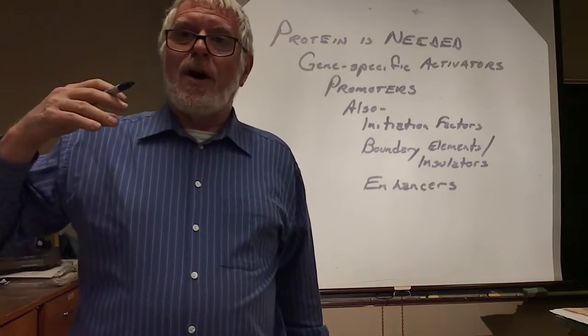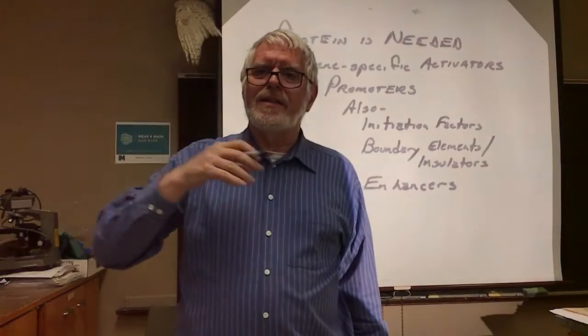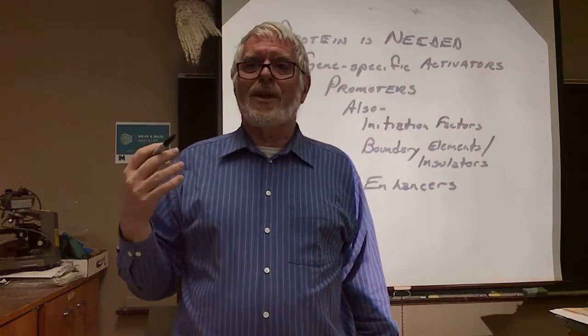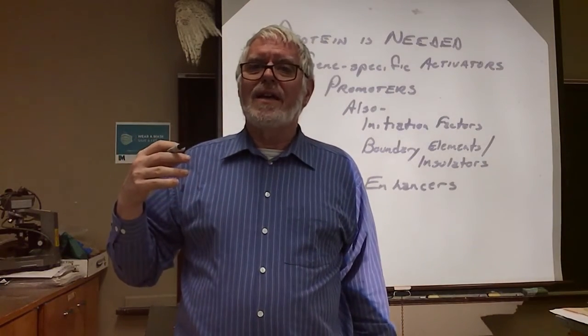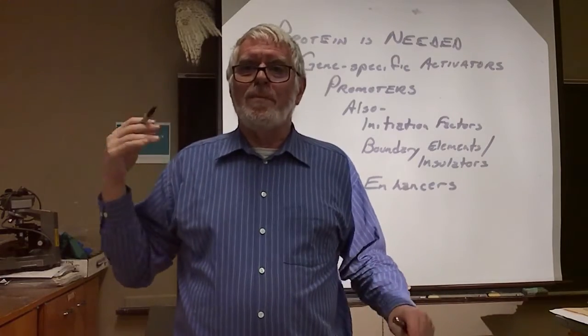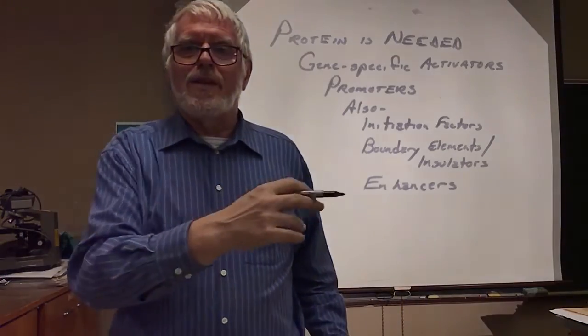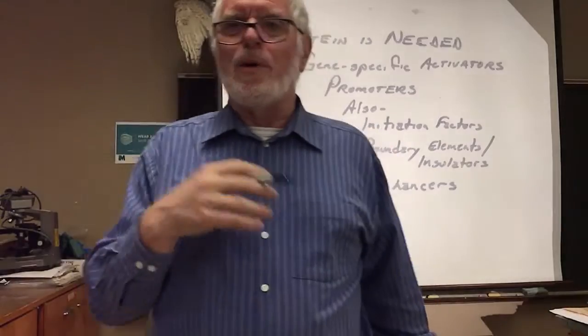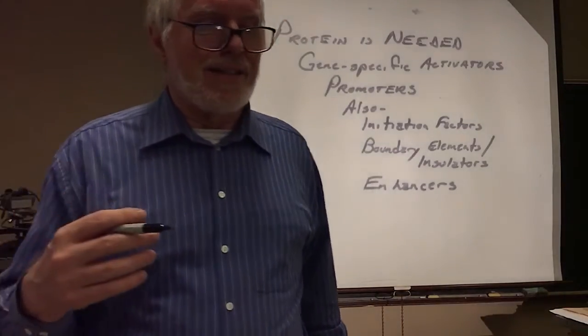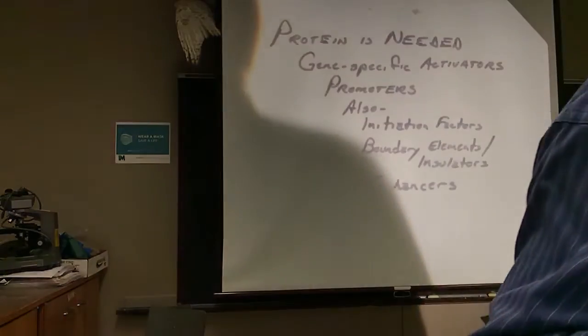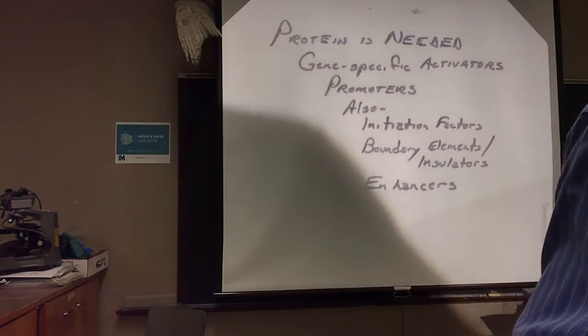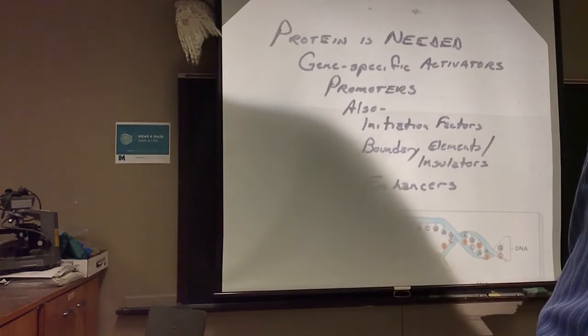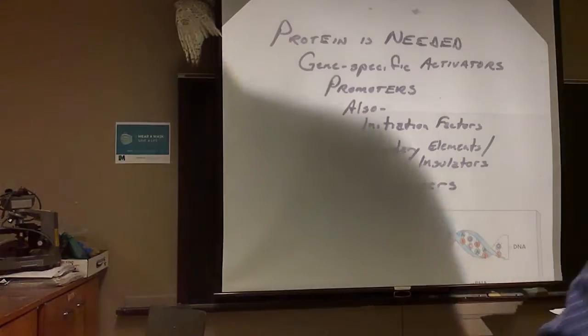And sometimes there are stretches on the chromosome, not necessarily that close by, that do stuff to the chromosome that makes it easier to work with, and those are enhancers. And I am oversimplifying the hell out of this. But just to give you an idea, this is a lot more complicated than it sounds like. This is a really simplified version of what's going on.